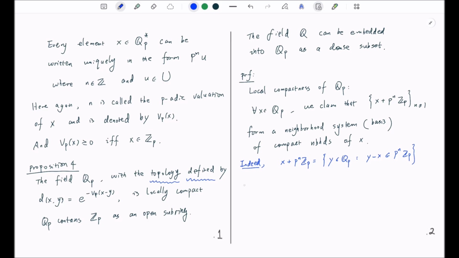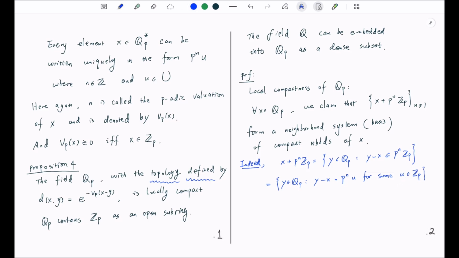And this means the collection of elements y such that y minus x is p^n u for some u in Z_p.